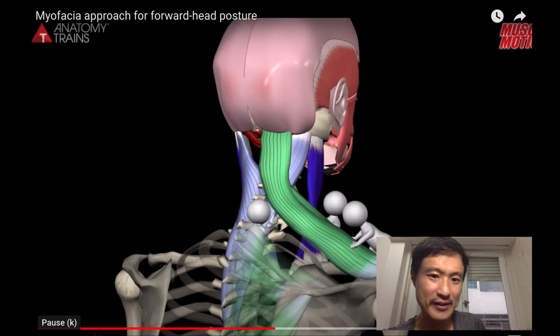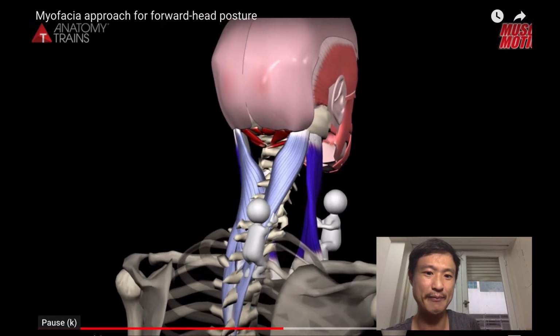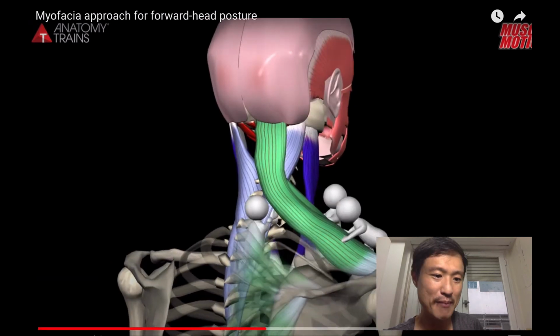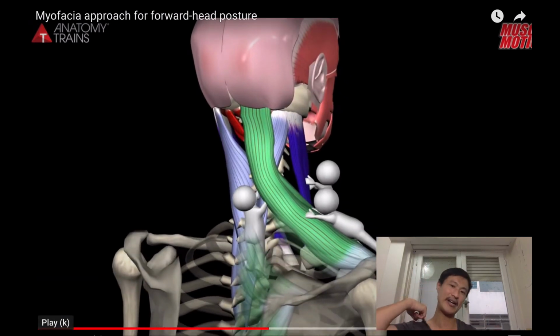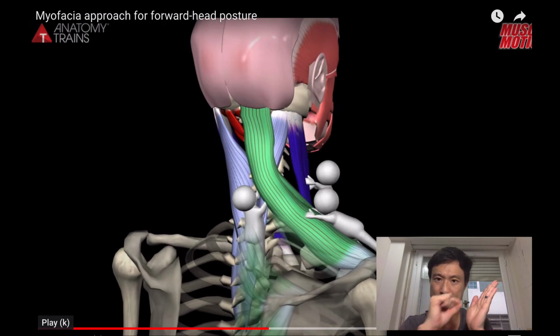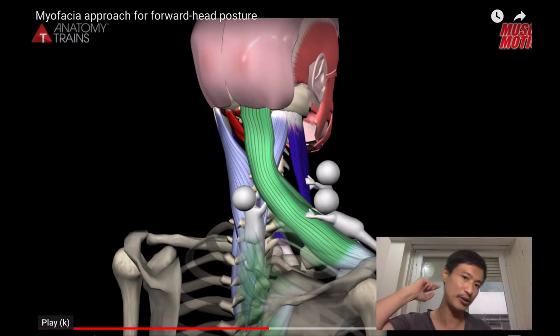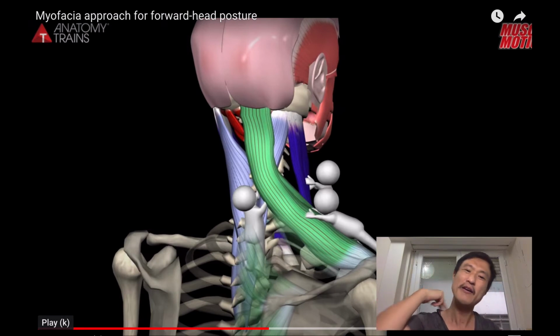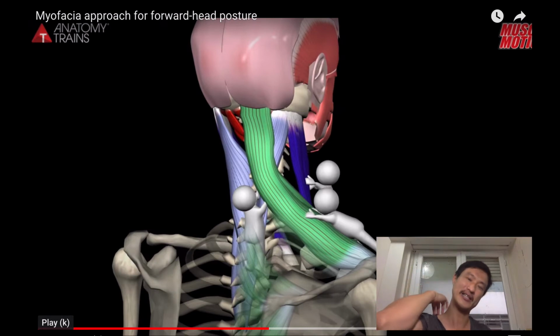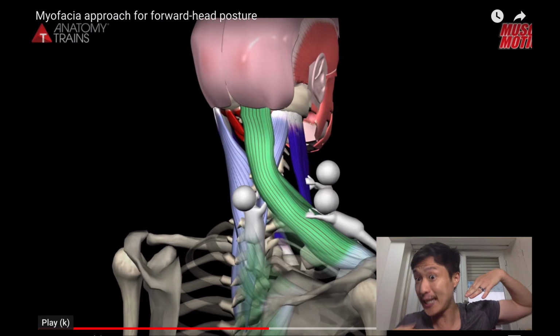And the final step is the fifth step. The green muscle right here gets so elongated that there are tiny abrasions that you can actually feel. This is where most people start, and they're trying to stretch this muscle, which is already elongated.